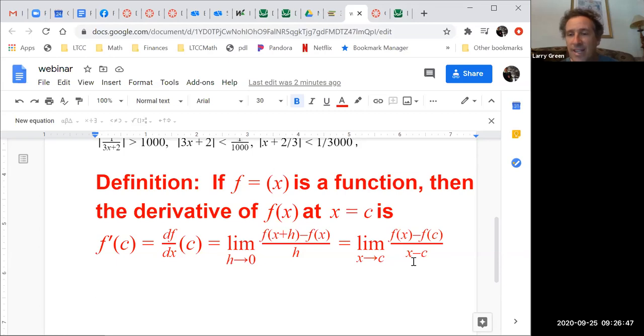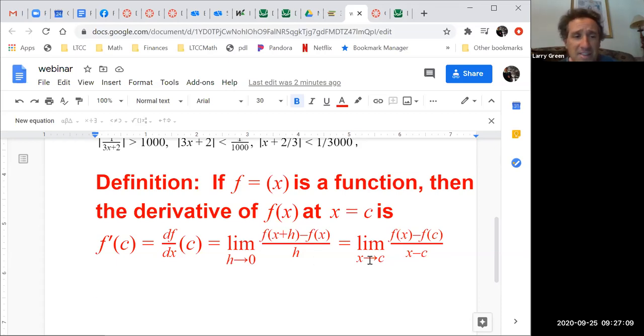Because if you take the secant line and then squish the points into one, take a limit, that's the slope of the tangent line. And that's what we talked about on the first day of class. So now what we talked about in the first day of class, we have formally, because we understand what a limit is.